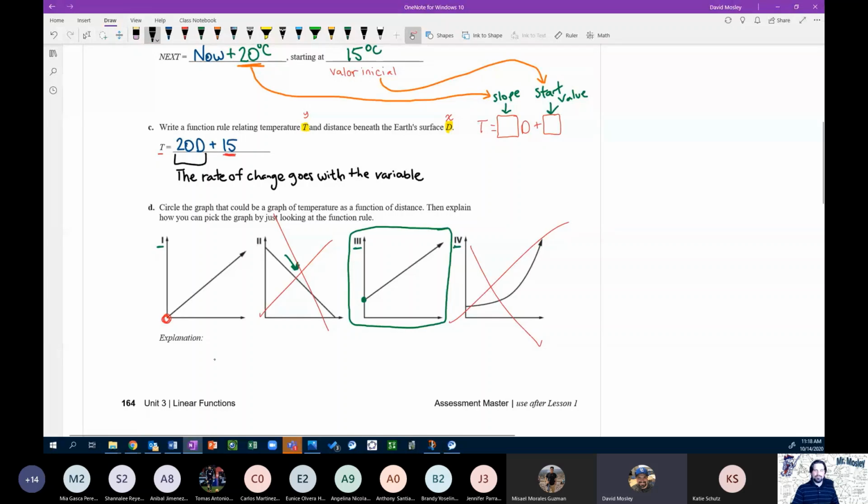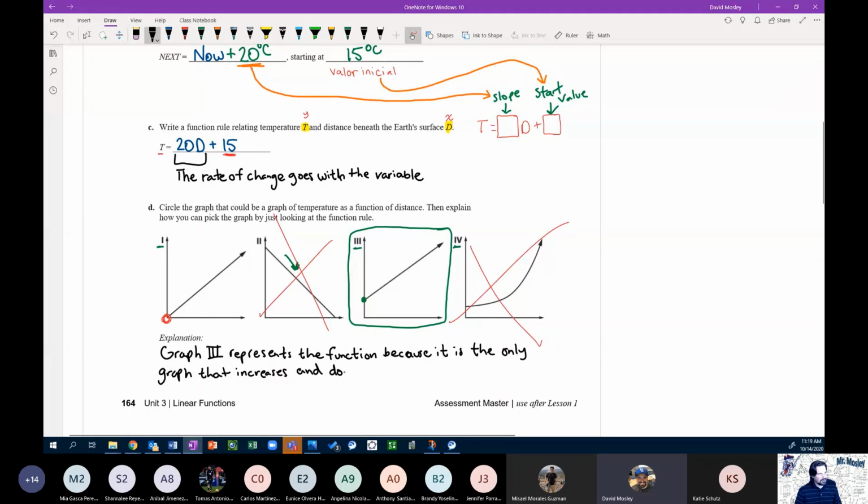So on the explanation, you can say graph 3 represents the function because it is the only graph that increases and doesn't start at 0.